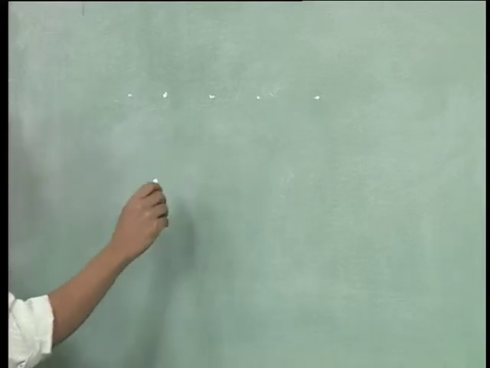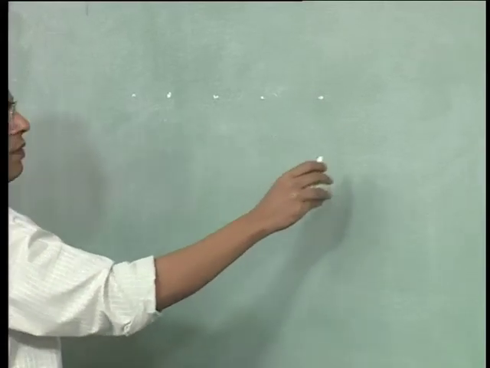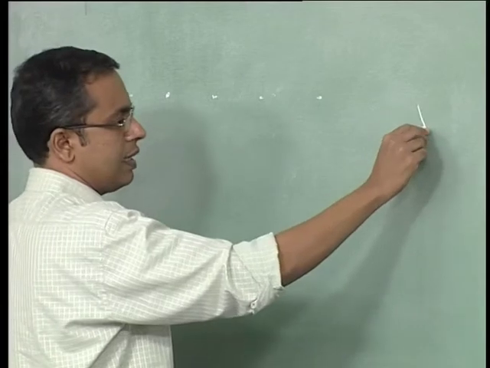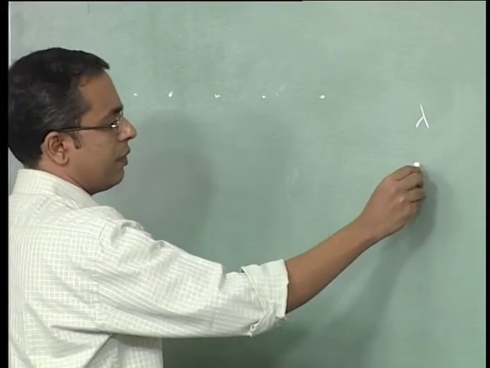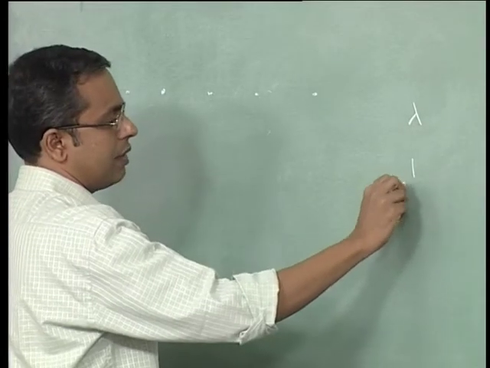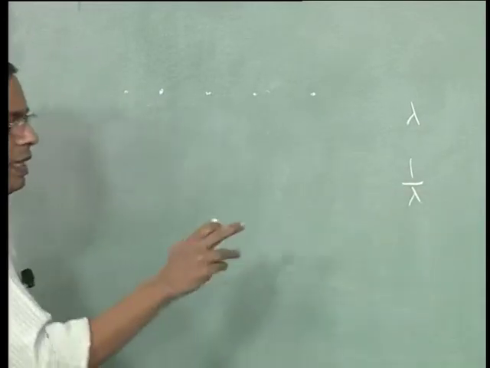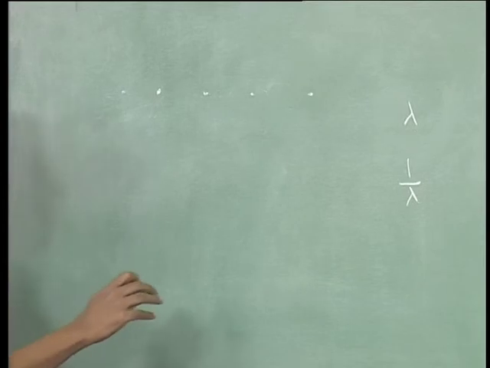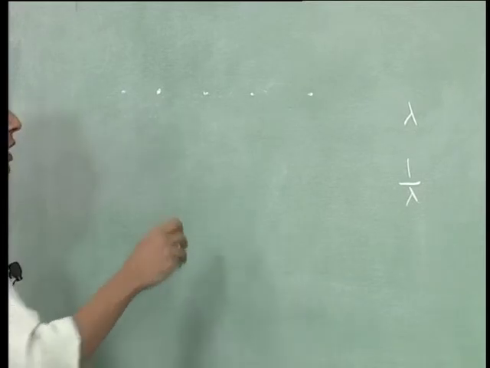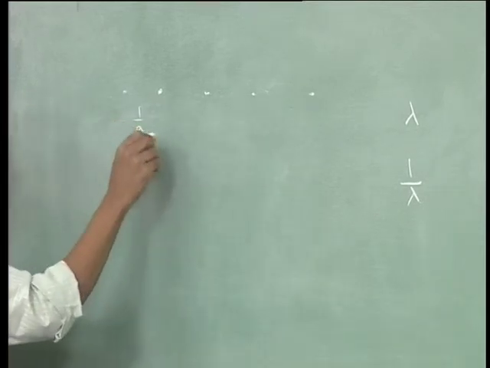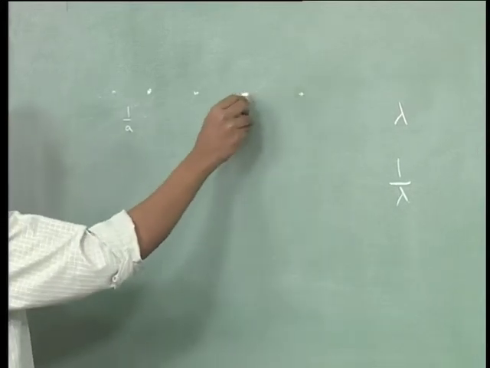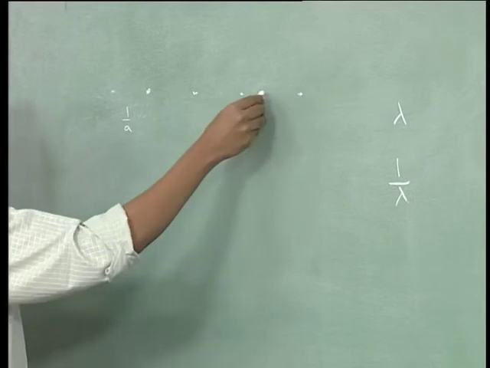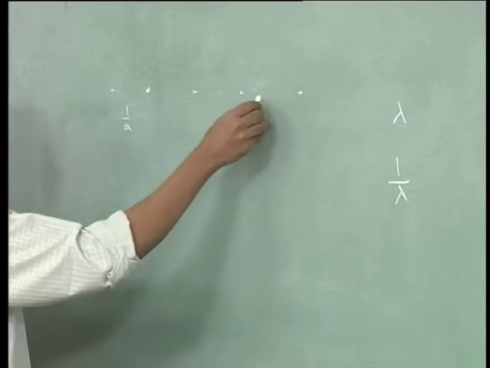On the same scale, we will look at whatever is our radiation we are interested in, or waves, at wavelength lambda. So we will look at 1 by lambda, for example. It will not actually be 1 by lambda, but to avoid confusion, we will assume that this is 1 by a and that is 1 by lambda. If you assume that is the case, then they are now drawn to the same scale, the same units, so to speak.